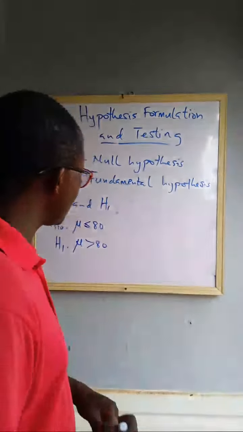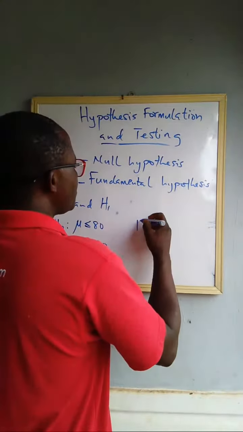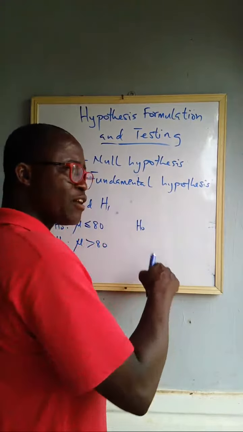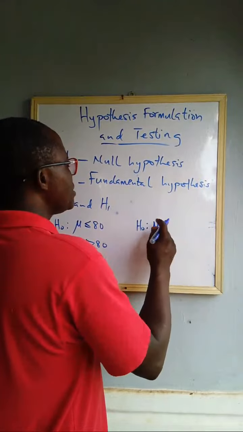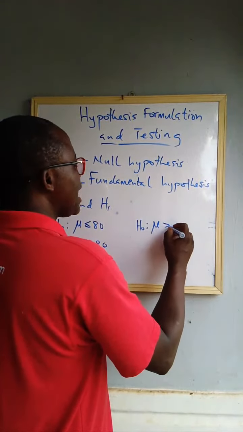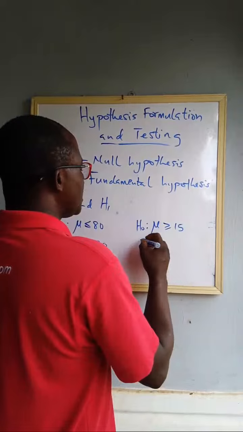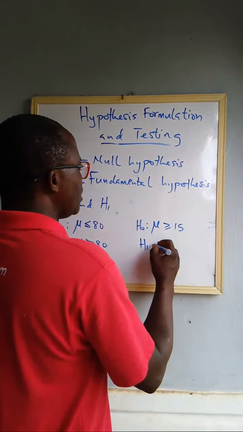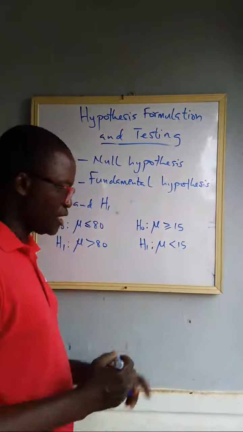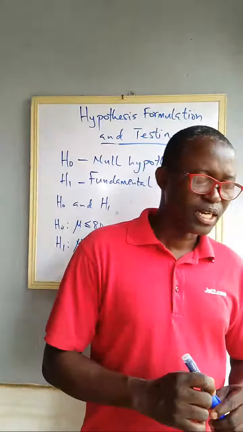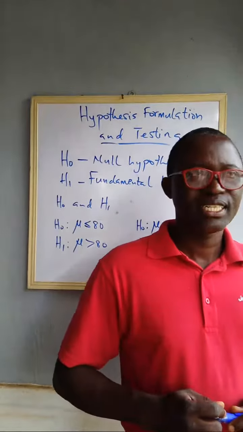So to write the hypothesis, this is what we are going to have. H0: mu greater than or equal to 15. And H1: mu less than 15. That is in minutes now. And that is how we are going to write it.